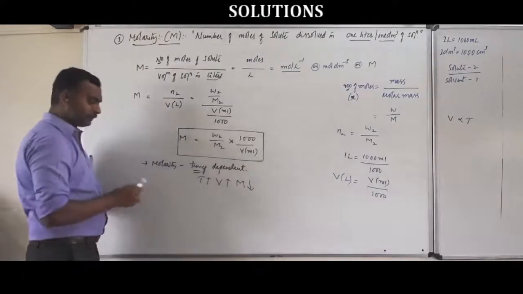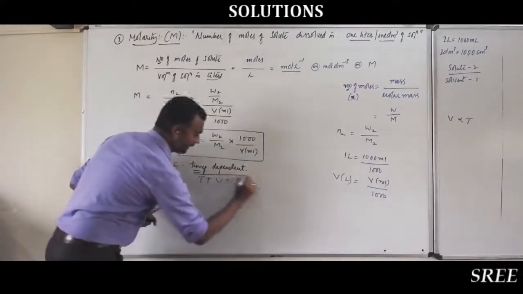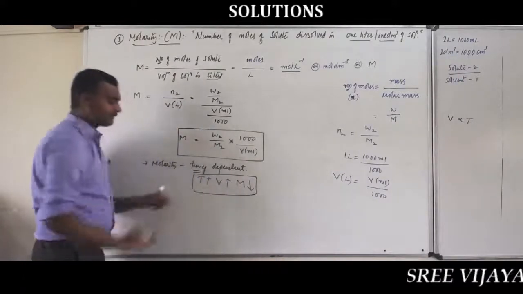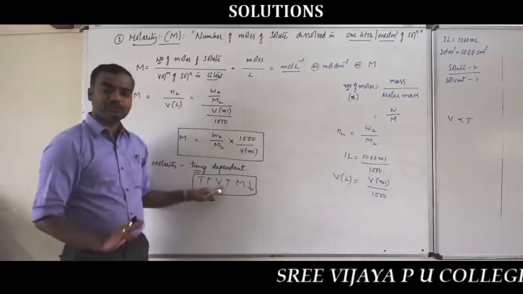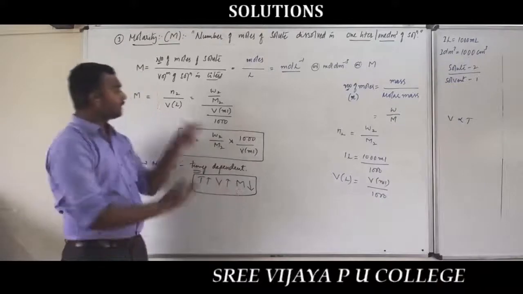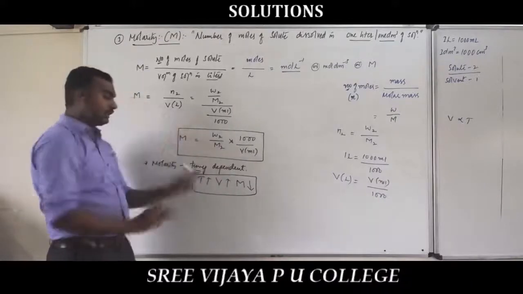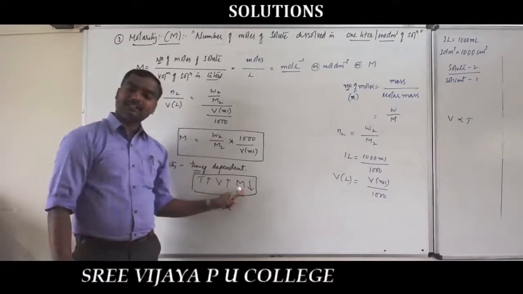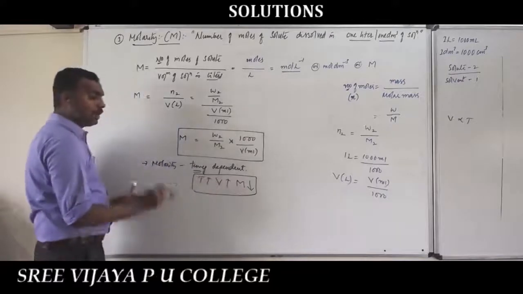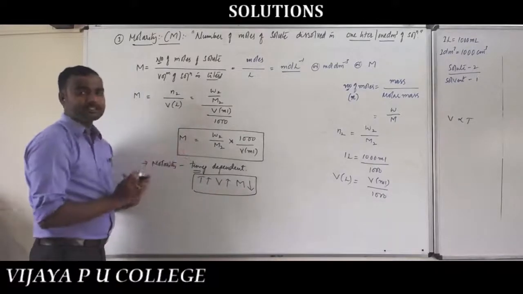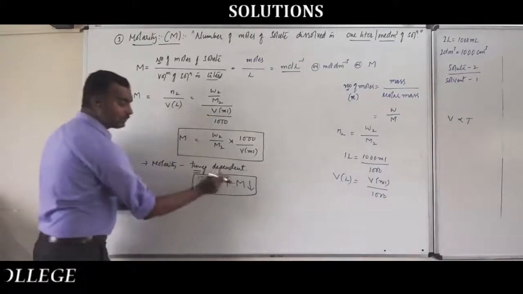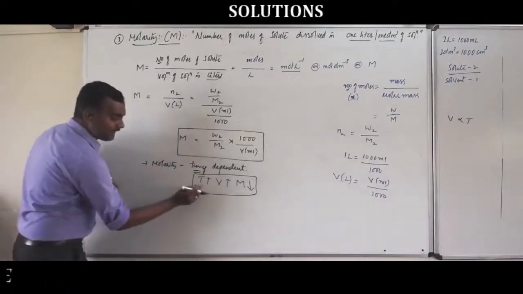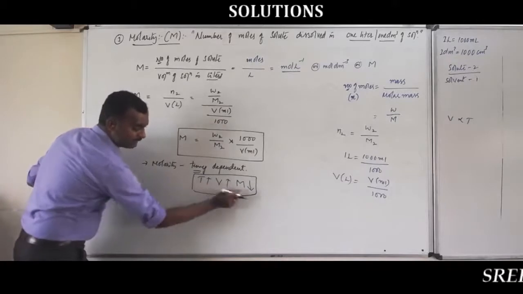So this is a very important and very simple logic, easy to remember. As the temperature increases, volume increases because they are directly proportional to each other. But volume and molarity are inversely proportional to each other. Volume ಜಾಸ್ತಿ ಆಗುತ್ತೆ, molarity ಕಡಿಮೆ ಆಗುತ್ತೆ. So how does molarity vary with the temperature? Temperature and molarity are inversely proportional.